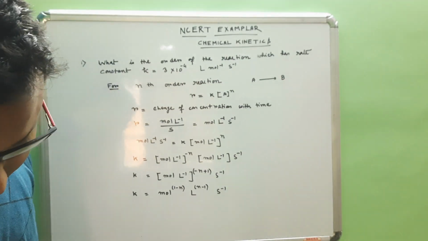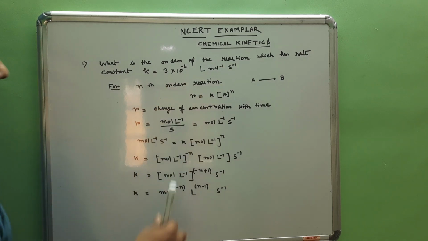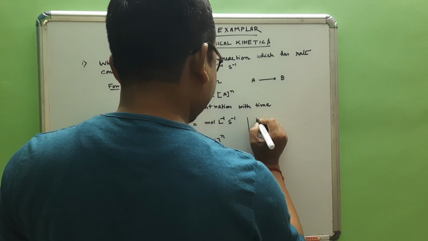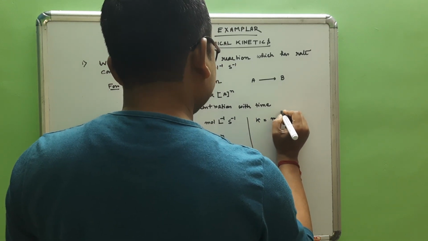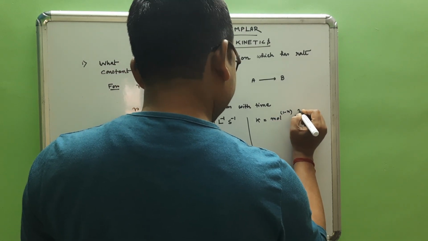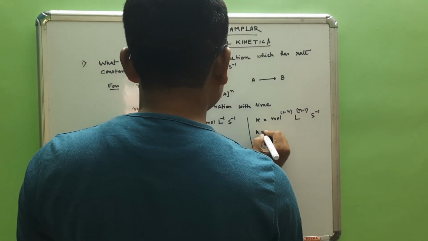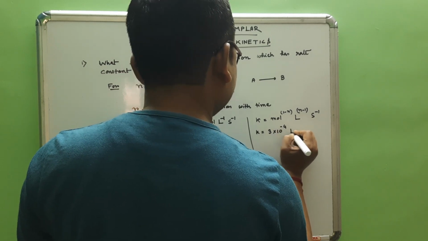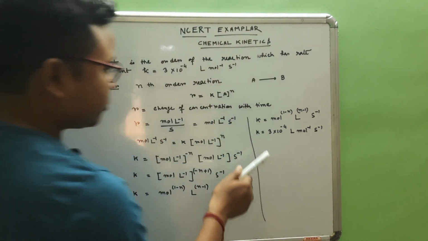Okay. Now compare the unit of k with the given unit of k. Here we get k as mole to the power 1 minus n, liter to the power n minus 1, second inverse, and here our given value is 10 to the power minus 4 liter mole inverse second inverse. Just compare these two.